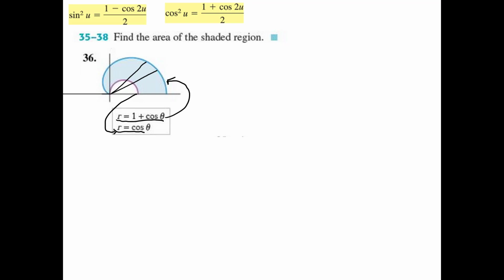But we don't want the entire area. We don't want this area right here. So we want to subtract from that the area that is contained by the cosine of theta, the part of the wedge that comes from the cosine of theta. So here we're going to subtract some areas.